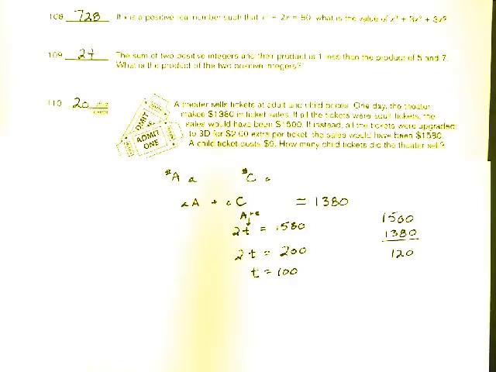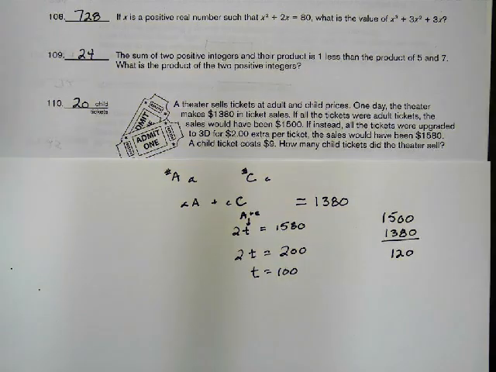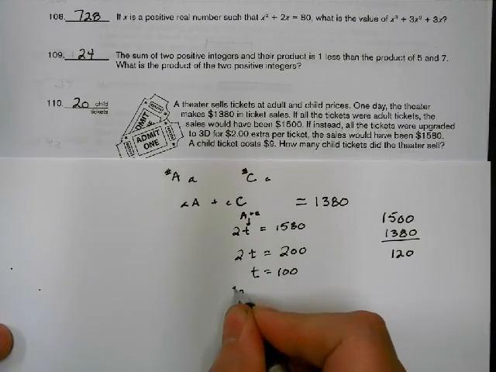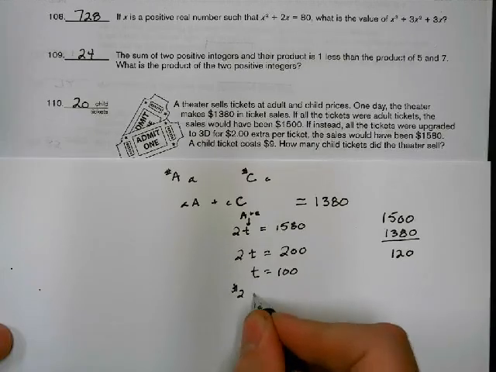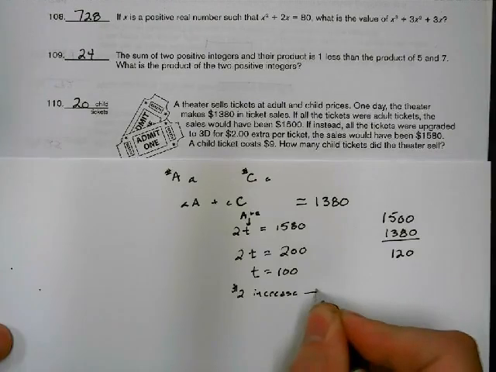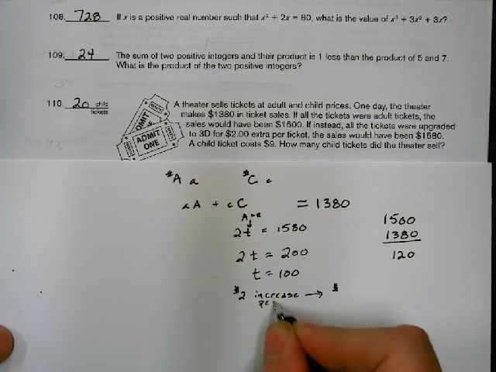All right, so I know that if we have a $2 increase, that leads to a $200 increase, and this is per ticket. This is leading to a $200 increase in the price.